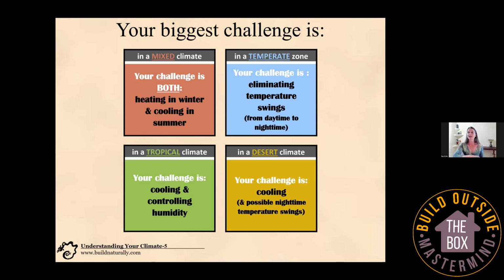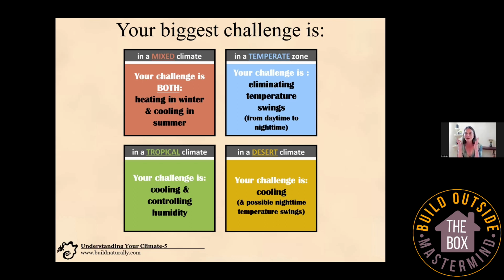That could be daytime to nighttime temperature swings. It could be weekly basis temperature swings, right? In a tropical climate where it's humid, your main problem that you are trying to solve, your challenge, is staying cool and addressing humidity. And in a desert climate, it's just staying cool, right? So that's what you're trying to solve for.